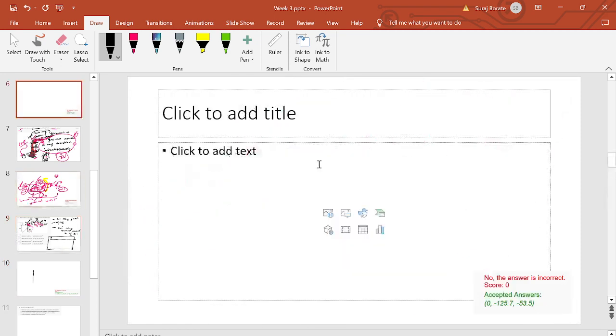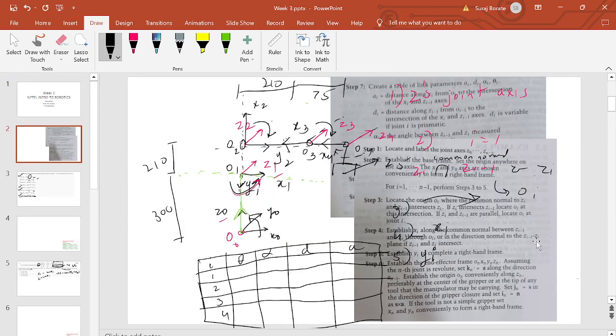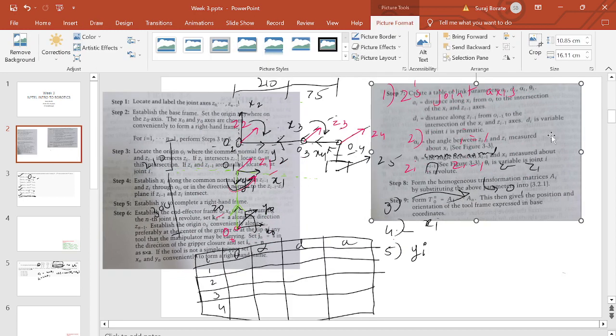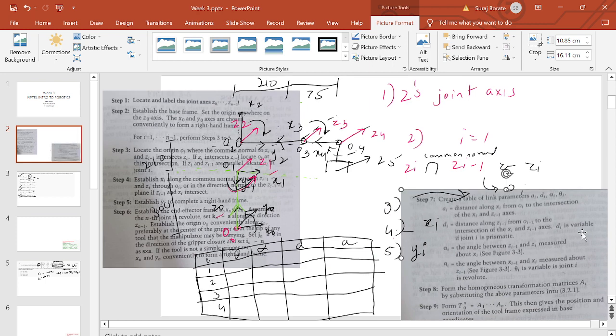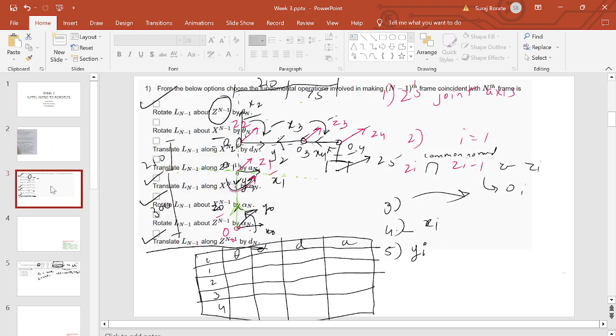We studied that last time, and it is given over here. So that I will pull up. Sir, just a minute. Sir, these screenshots of the steps, from which book are they? Yeah, that I will tell you the name of the book.